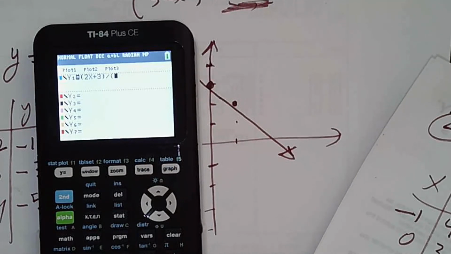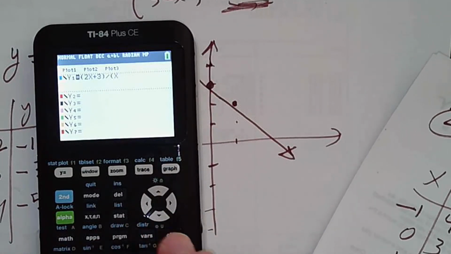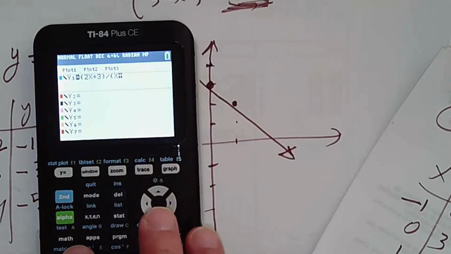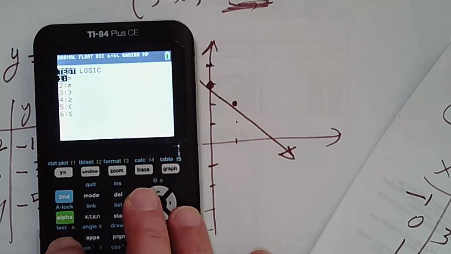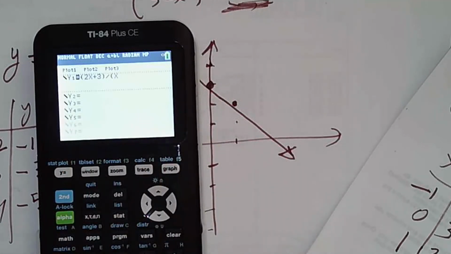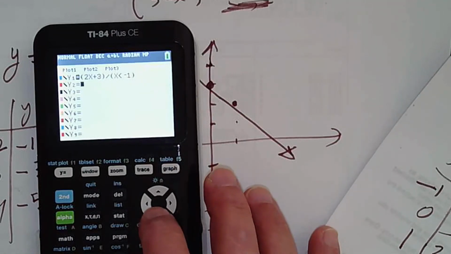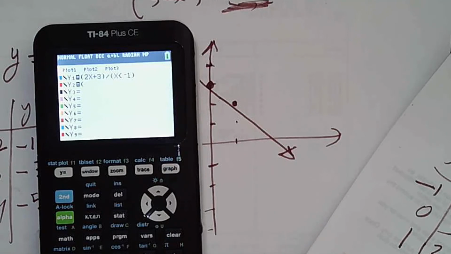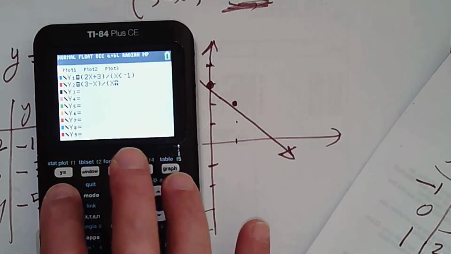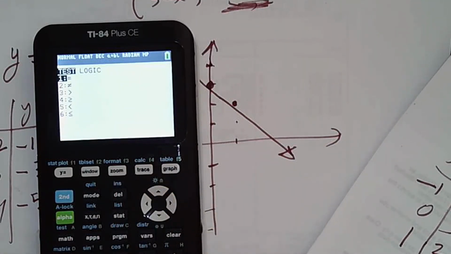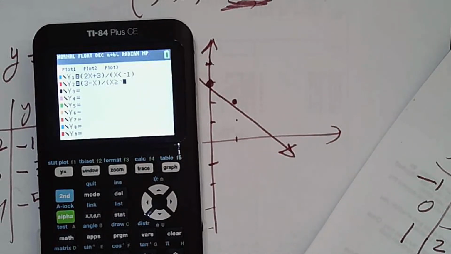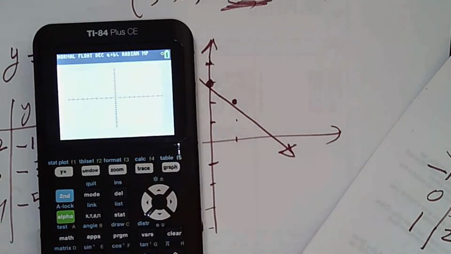So you do left parenthesis, x, then to get less than, you're going to do second math, which will take you to test. And less than is number 5, -1, and then right parenthesis. And then you go down to y2, same thing. It's 3 minus x if, again, x is greater than or equal, so second math to take us to test, greater or equal is number 4, -1, right parenthesis, and there we go.